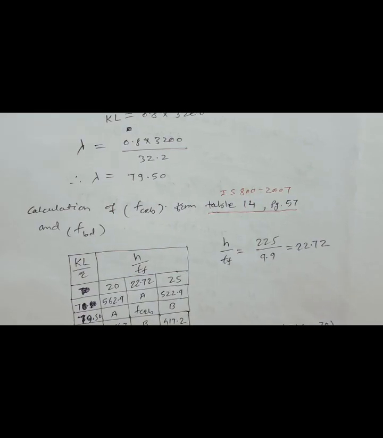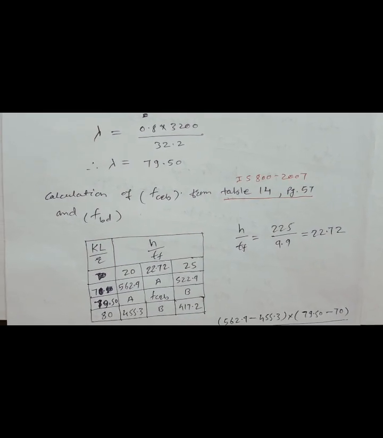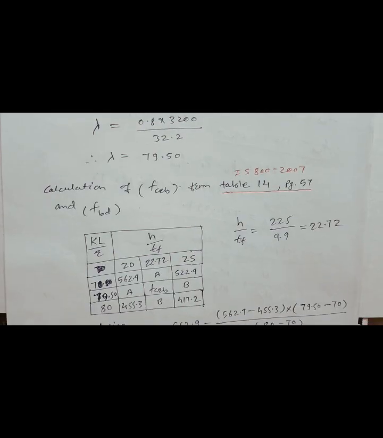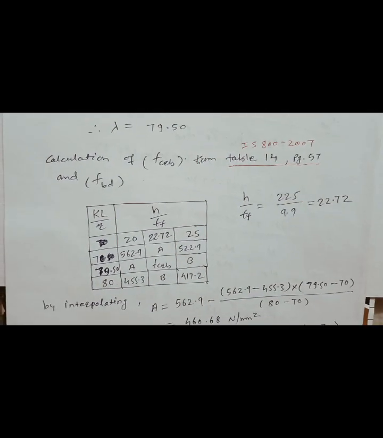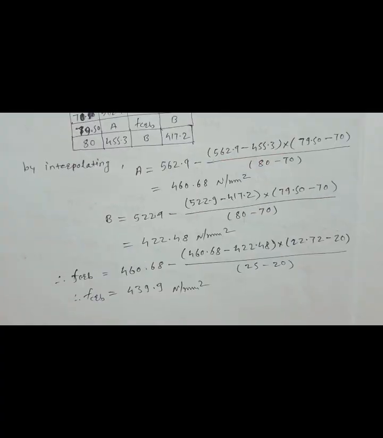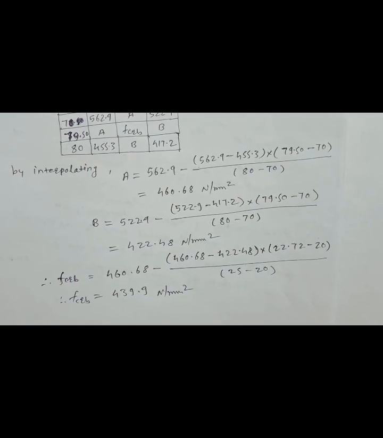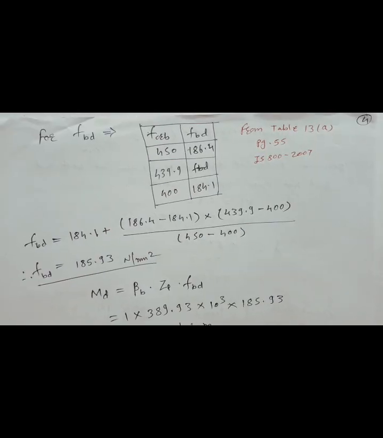So after calculating the slenderness ratio, we can determine FCD from table number 14, page 57. With respect to interpolation, we can determine the FCD. So like this we can draw this table, and from this process we can determine the FCRB.